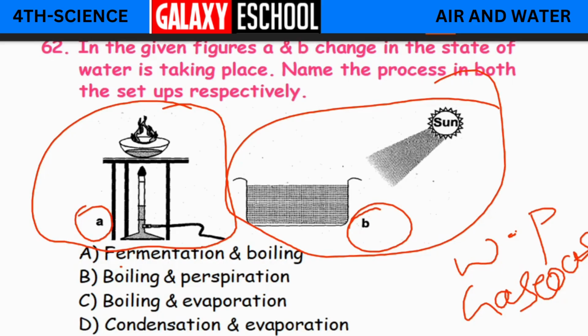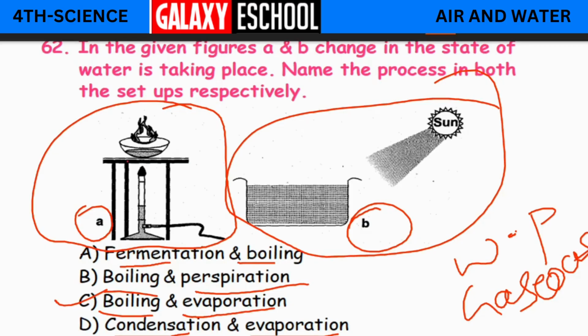So what are they? Either fermentation and boiling, or boiling and precipitation, or boiling and evaporation, or condensation and evaporation. And the answer is C, that is boiling and evaporation.